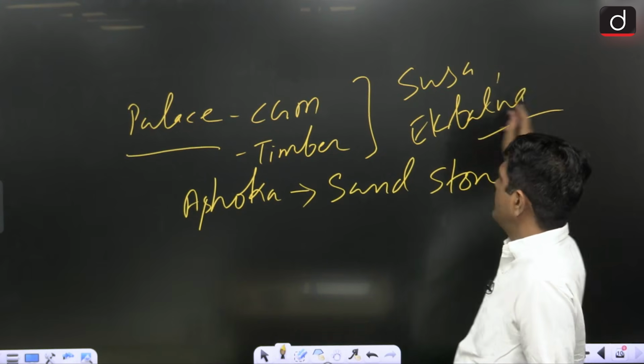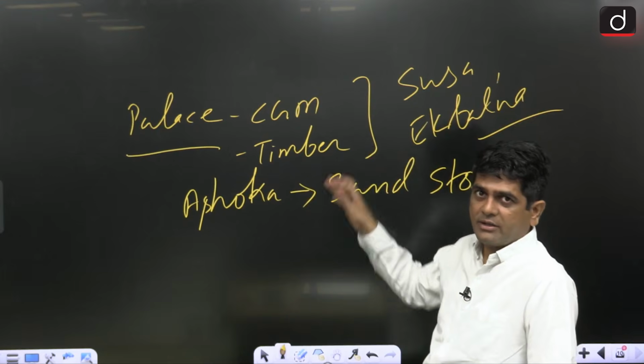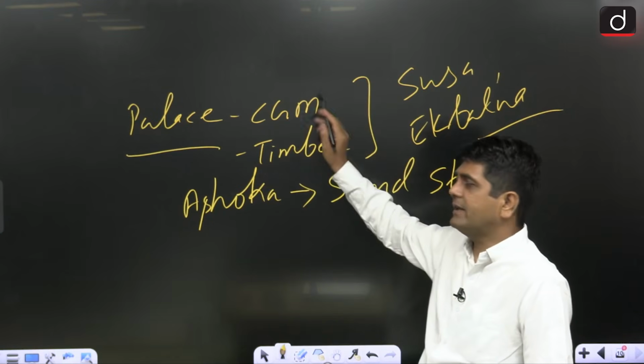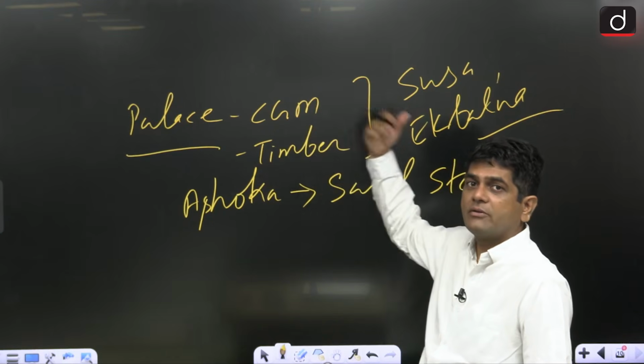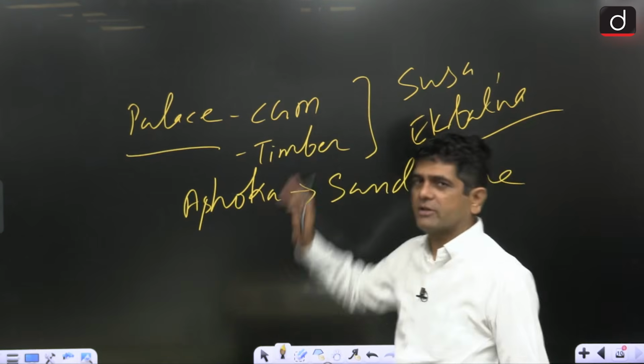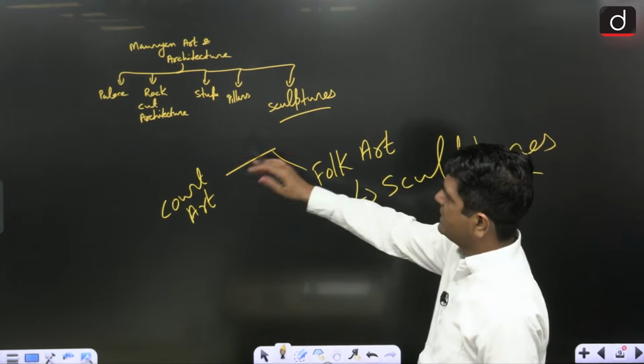Where are Susa and Ekbatana? Western part of Asia. So that was all about the palace of Patliputra.